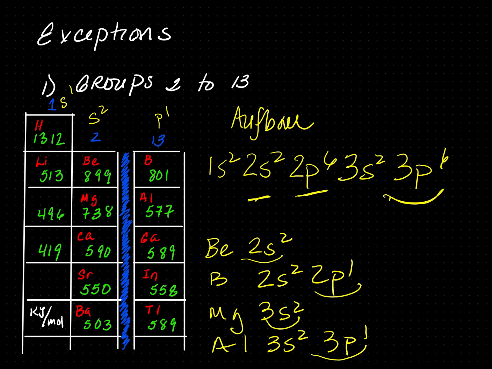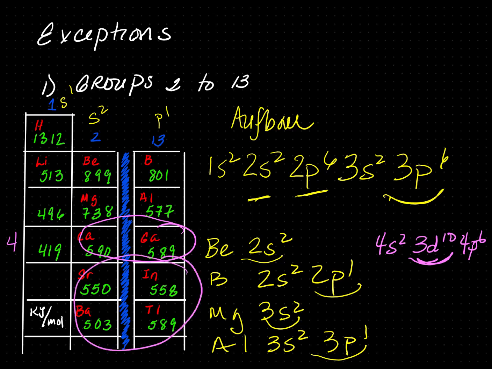As we move down the periodic table, you will notice the difference is even smaller because starting period 4 or energy level 4, we fill 4s2 and then we fill 3d10 and then 4p6. So the 3d10s do extra shielding. And then as we move even further down, if you notice, it just follows the trend again.